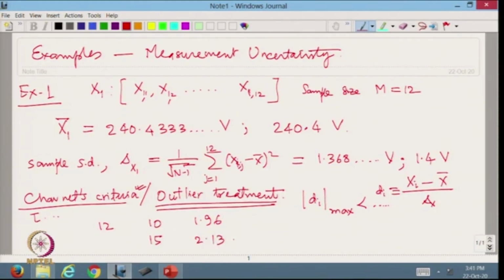So, what do we do? We calculate the deviation for each reading with this formula, and after doing that we see what is the biggest number that we get. If you do that, the biggest number, di max, comes out to be 1.58.